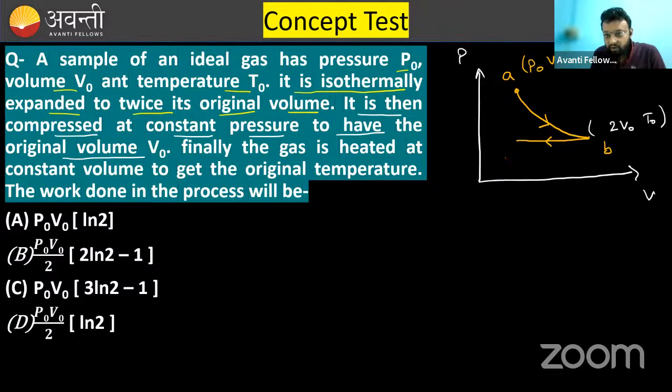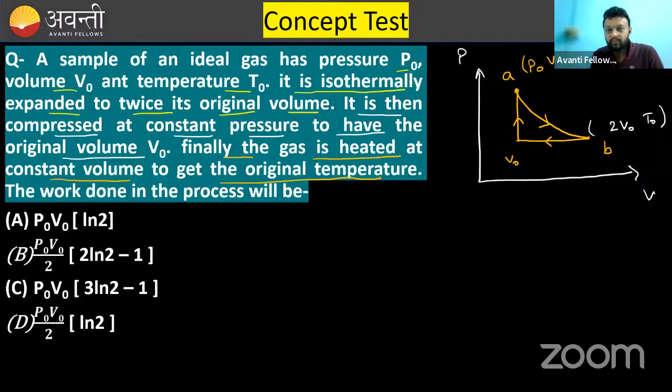So at this point, volume is again V naught. Clear? Finally, at constant pressure, that means pressure should remain constant. Finally, the gas is heated at constant volume to get the original temperature. If it gets the original temperature, that means the gas should reach the same point.